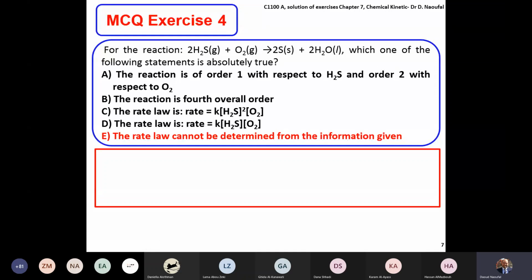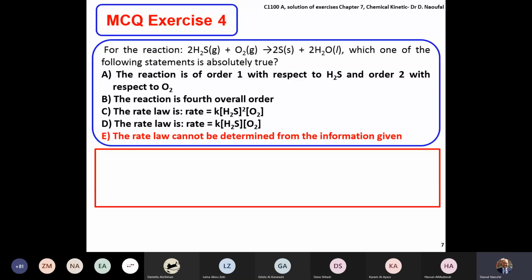We know that to find the partial orders of a certain reaction, we need to do experiments. We have several methods in the lab to find the partial orders, then to deduce the global order. Method 1, the log plot. Method 2, the ratio technique.